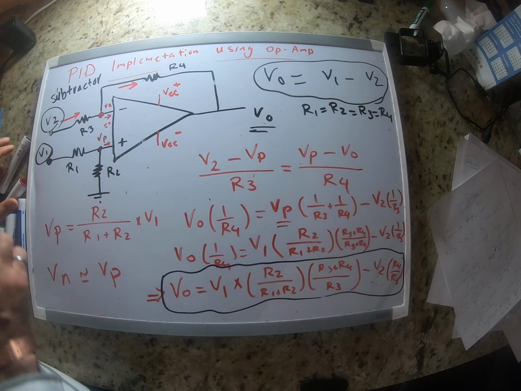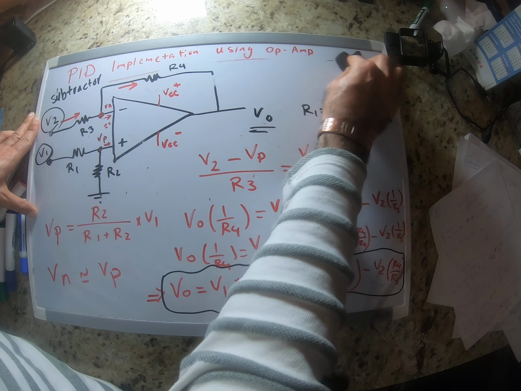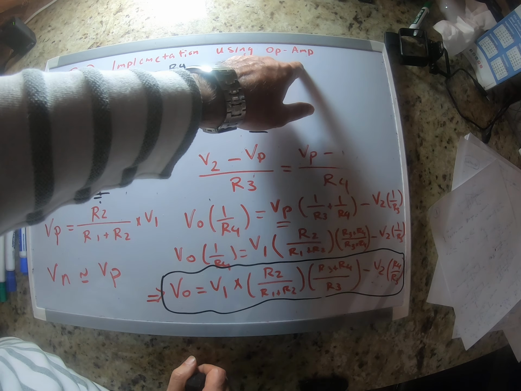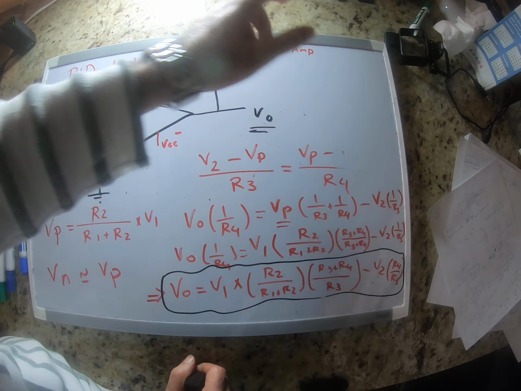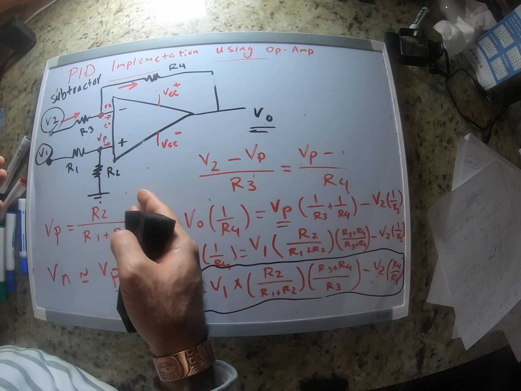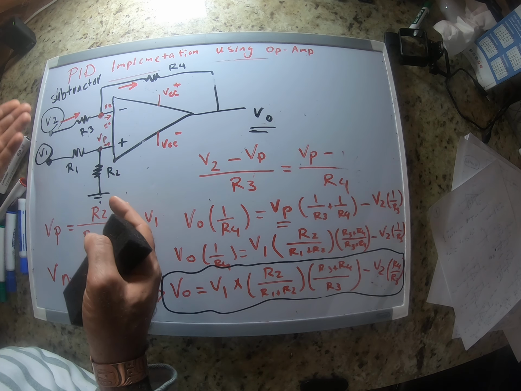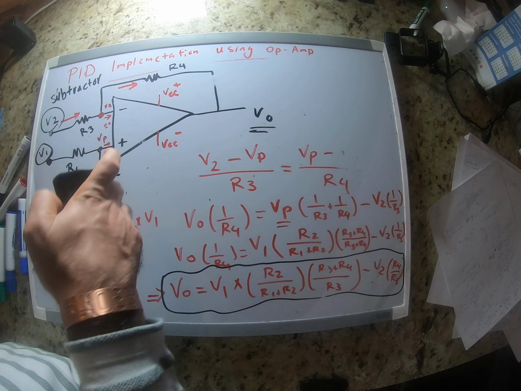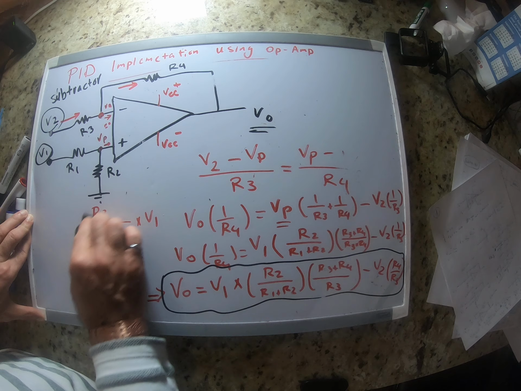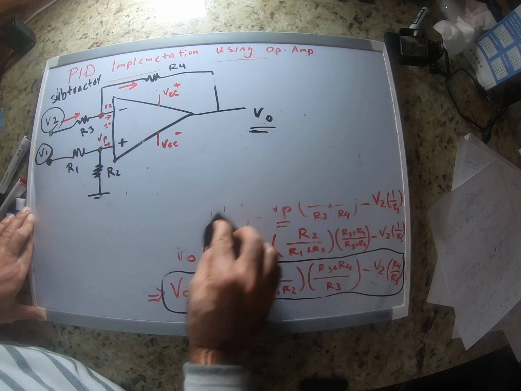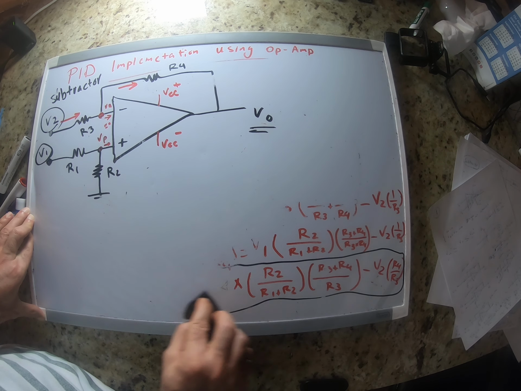The next circuit I want to show you. The reason op-amp is called operational amplifier is because you can do arithmetic operations with it, right? So you see that you can do subtraction, and now you're going to see how we can use it as an adder or summer.